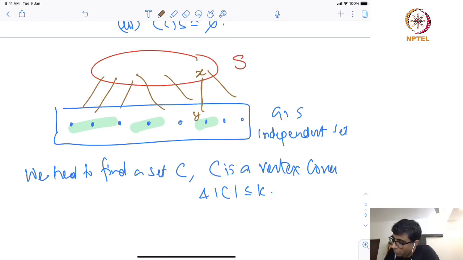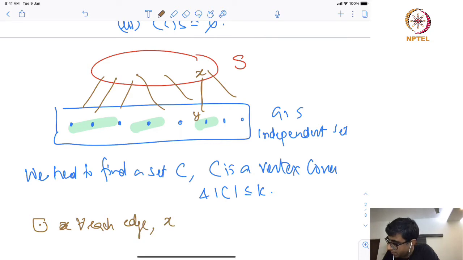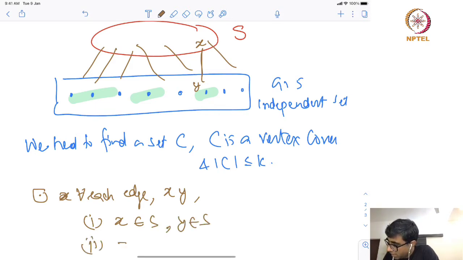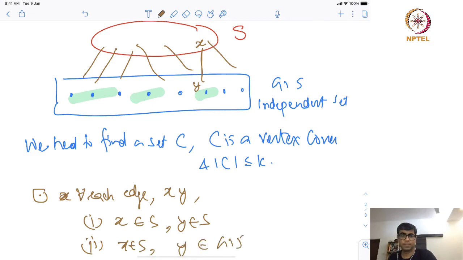So, what we know, for each edge x, y, there are two cases. First, x belongs to S and y belongs to S. Second, x belongs to S and y belongs to G minus S. That is all that can happen.